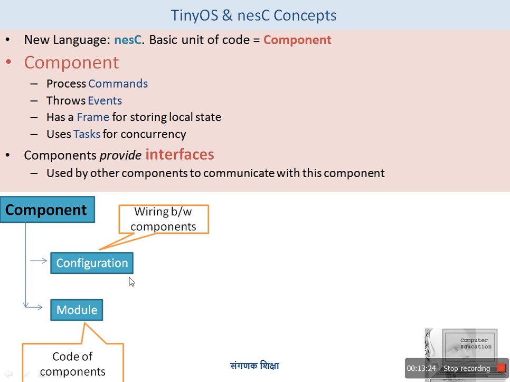This configuration file is made from the interfaces as we defined above, and the code for the components is defined by tasks or events, and tasks include events and commands. So this module has some events, some commands, as well as some tasks defined in it. So whenever you define any component, it contains a module as well as a configuration file.